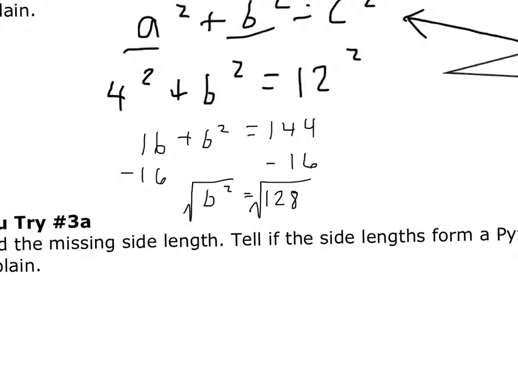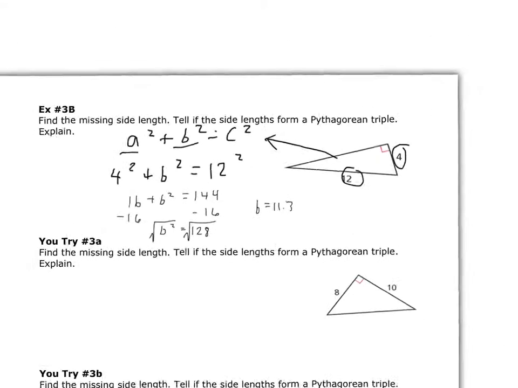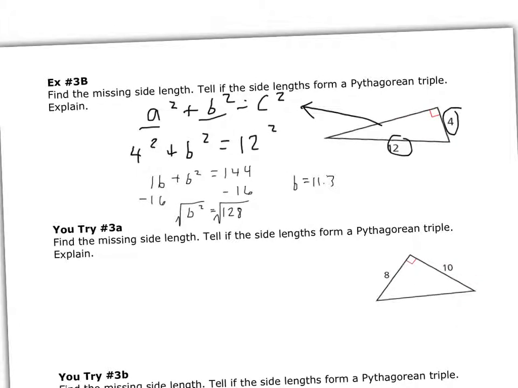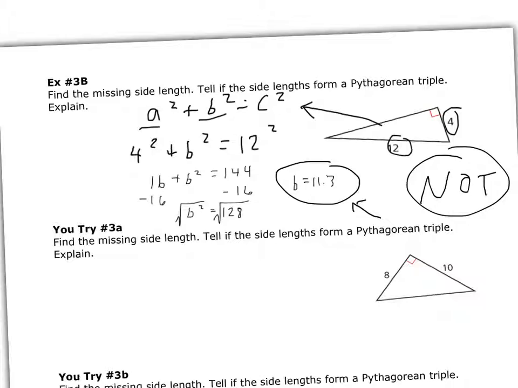So if you did that, b would end up equaling 11.3. Now the question asked if the side lengths formed a Pythagorean triple. Well, you had 12, 4, and 11.3, but to be a triple you have to have 3 whole positive numbers. And since this is not a whole number, this is not a Pythagorean triple.